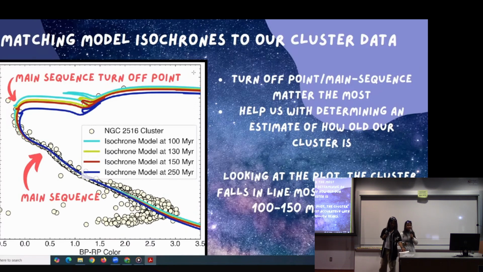Basically, the main sequence turnoff point is where the stars lose their hydrogen fuel, and so they kind of just go down.